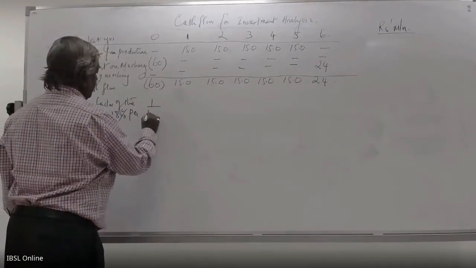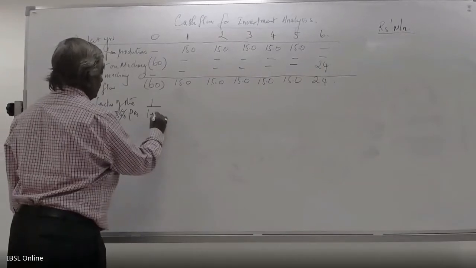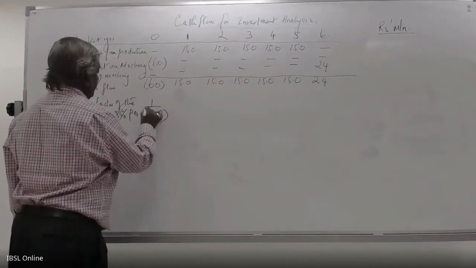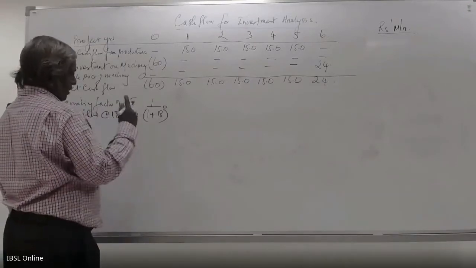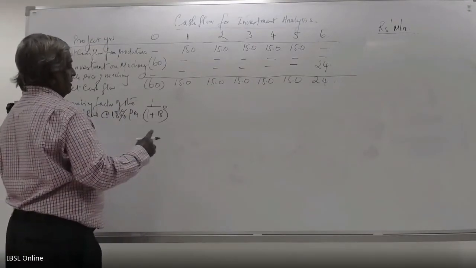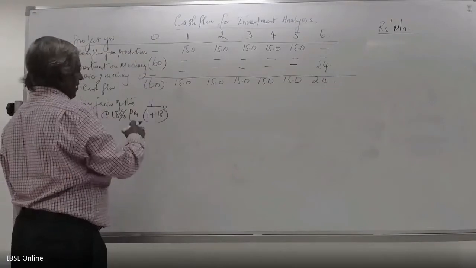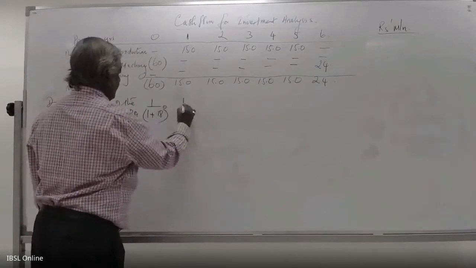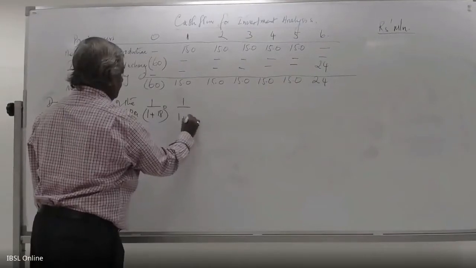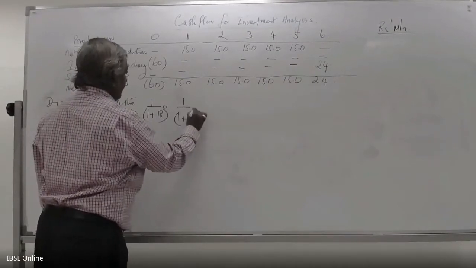1 divided by 1 plus 0.18 to the power 0. Actually, now 1 rupee is 1 rupee. Now 60 million is 60 million. Then here 1 divided by 1 plus 0.18 to the power 1.